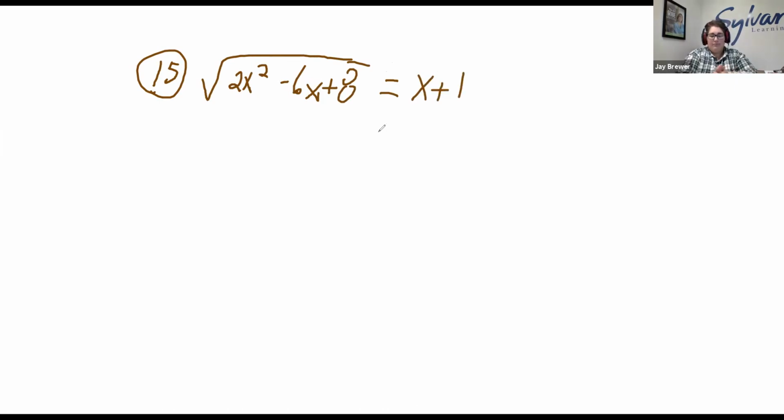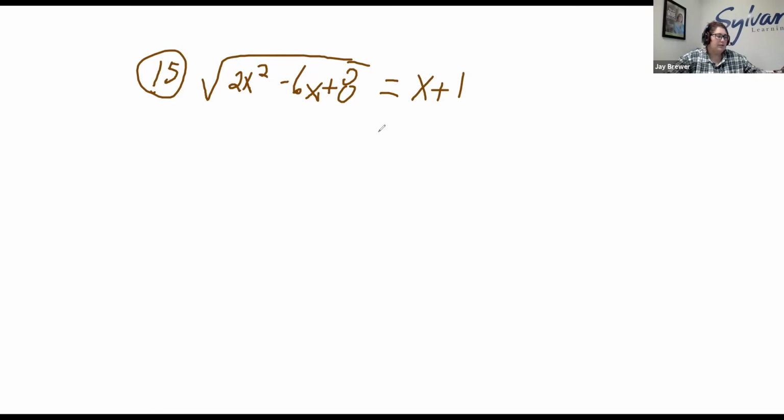What do you think our first step's going to be? Square both sides. We are going to square both sides.